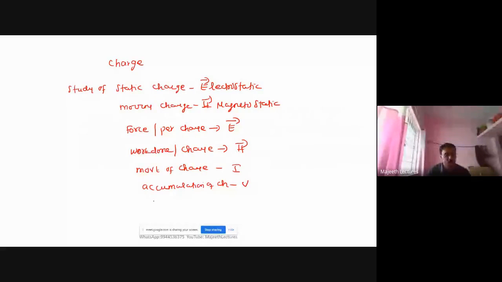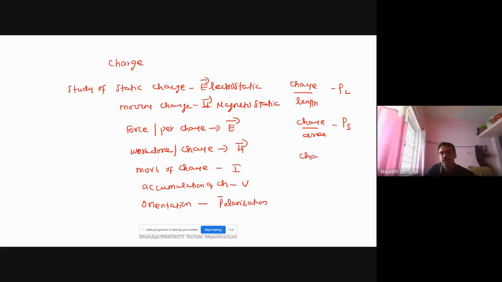Next, we have to know orientation of charge, polarization, right? Charge per length, line charge density. Charge per area, surface charge density. Charge per volume, volume charge density, right? So these are all the things we must remember.